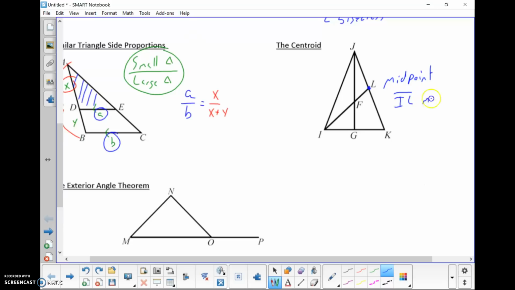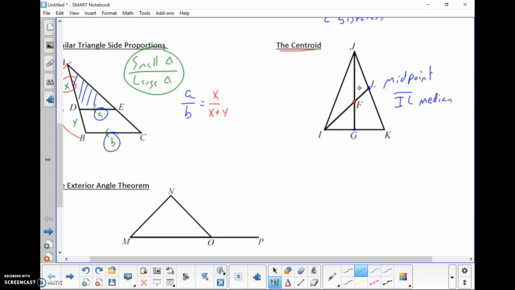IL is a median because it goes from the angle to a midpoint. If it goes from the angle to a midpoint, it's called a median. And if this is also an angle to a midpoint, where the medians cross is the point called the centroid. So F here is called the centroid.